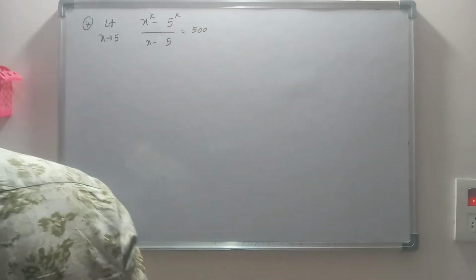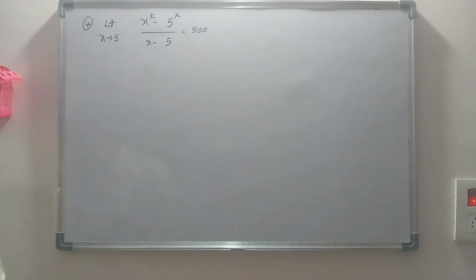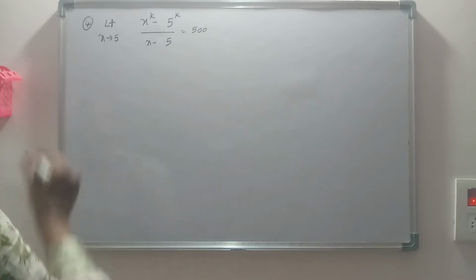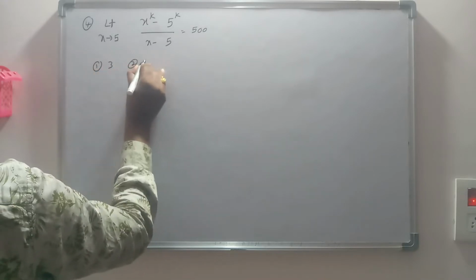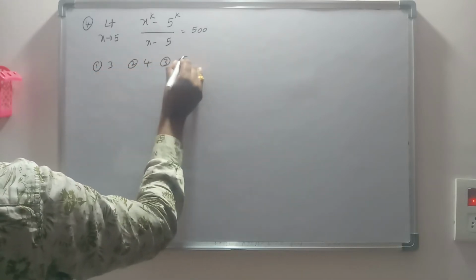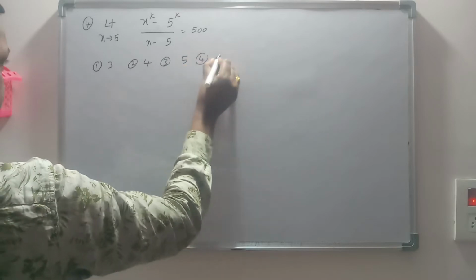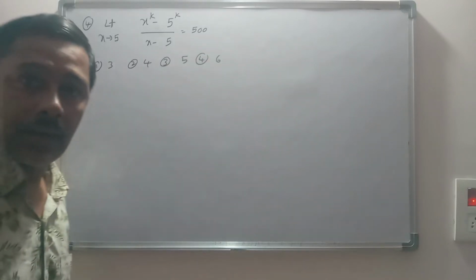What is the value of k? Options are there. First one 3, second one 4, third one 5, fourth one 6. Find the value of k.